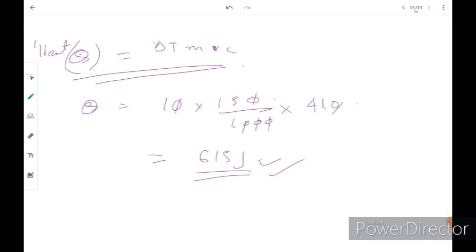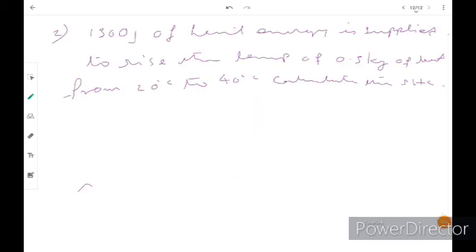Okay, let's do some more questions. One more question: 1300 joule of heat energy is supplied to raise the temperature of 0.5 kg of lead from 20 to 40.